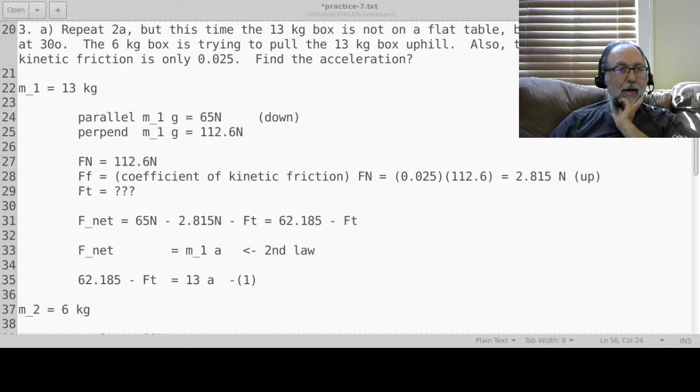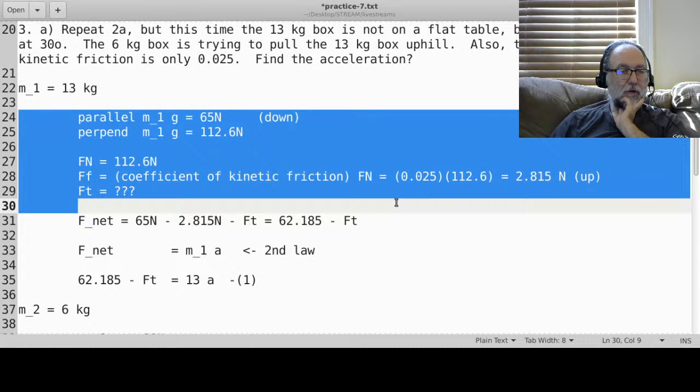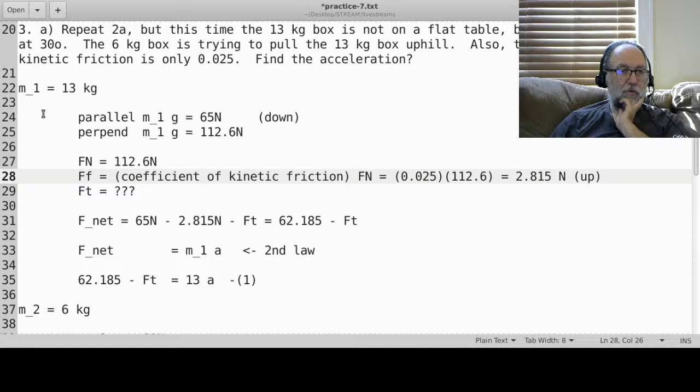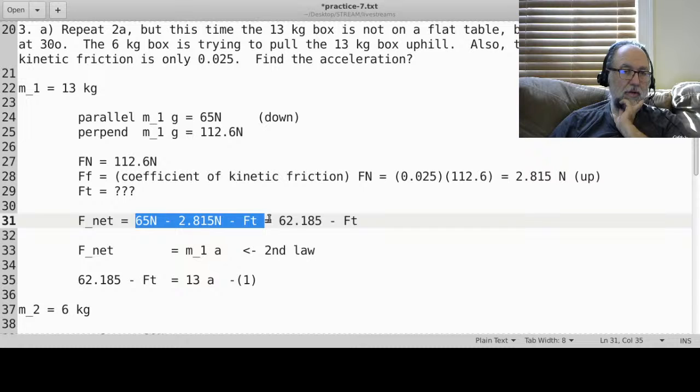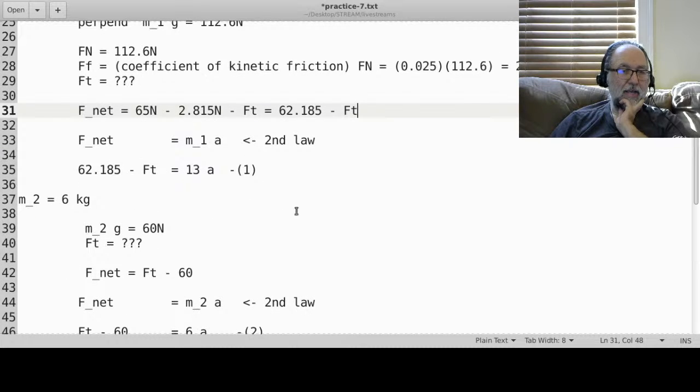Let me just go very quickly over what happened here. These were the forces as identified for M1. F net has to equal the 65 up minus the 2.815 down minus FT down, and that reduced to 62.185 minus FT.